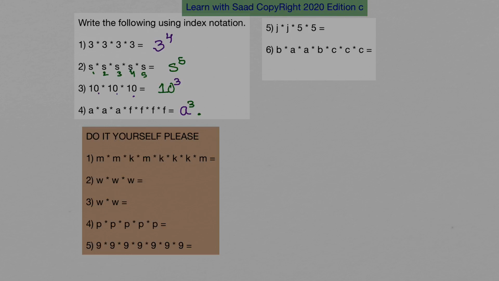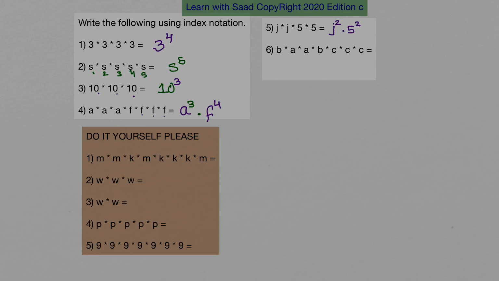Then we write F, so 1, 2, 3, 4, F to the power 4. Easy peasy. I'm going to do the next one as well for you guys. So J times J, pretty simple, J square, and 5 times 5 is 5 square.